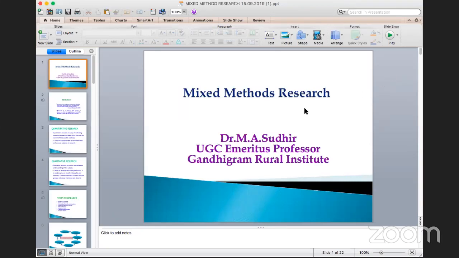Now I will come to some major mixed method designs. First one is the convergent parallel design. This I did. This study was conducted, that is, I will give with an illustration. In convergent parallel design, you can have quantitative and qualitative data collection at the same time.